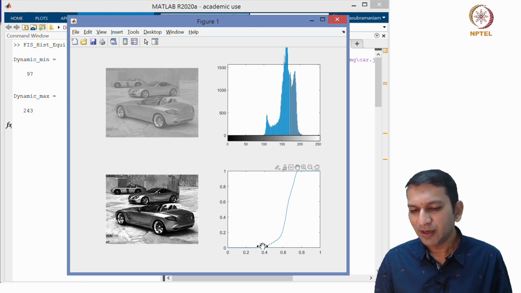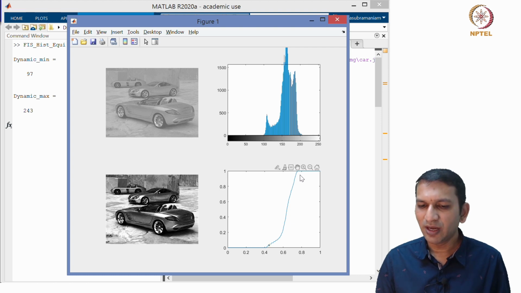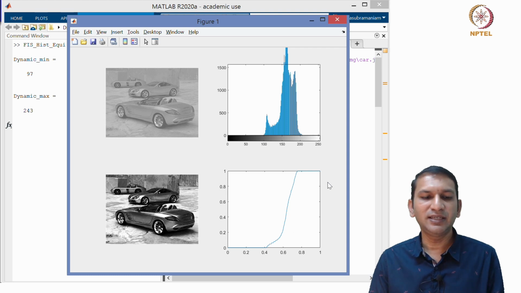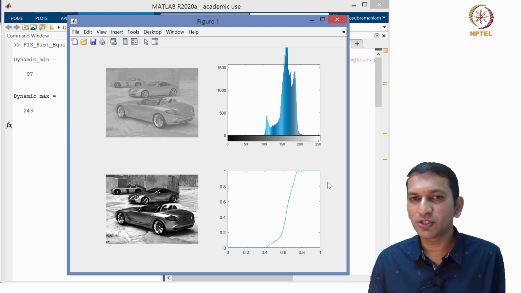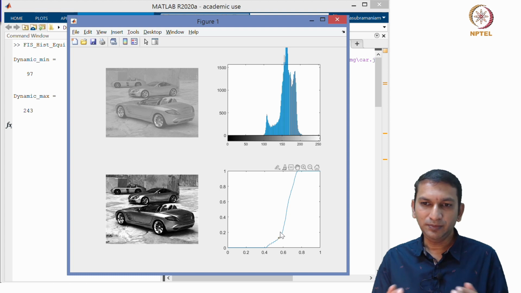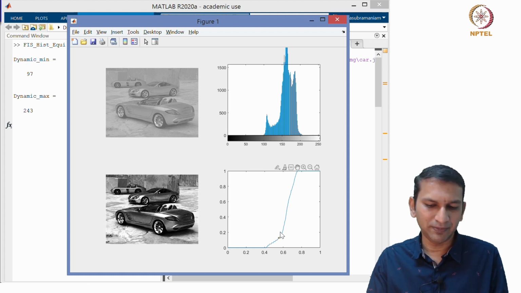We see that before 0.4, up to 97, it is almost 0, and above 200 or so it is almost 1. That means we have pulled the dynamic range from 97 to 200 plus to essentially the entire 0 to 255, and we see that it is increasing monotonically. That means any pixel intensity value between 97 and 200 is going to be mapped in an increasing way.